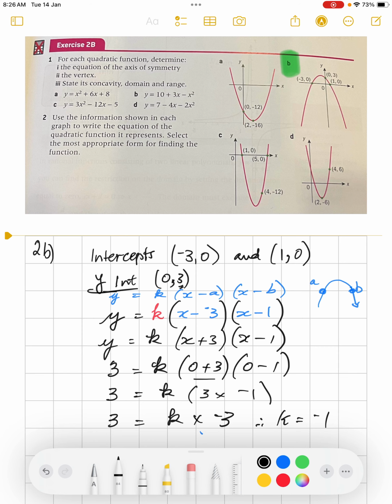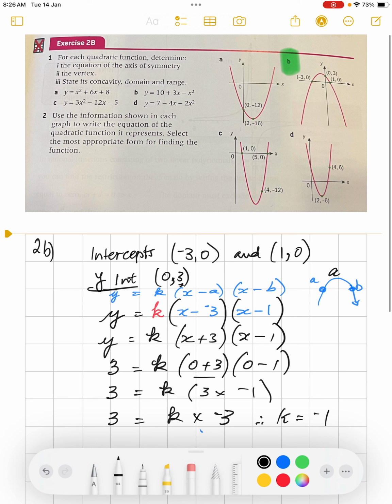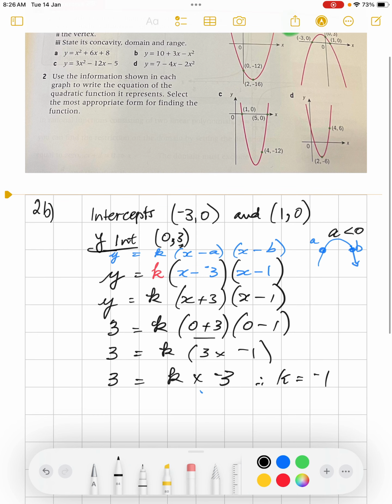And that makes sense because we've got this concave down curve, and that means a has to be negative. And so our final result is, therefore, the equation is y equals -1, x plus 3, x minus 1. Now if you expand that, it looks like this.